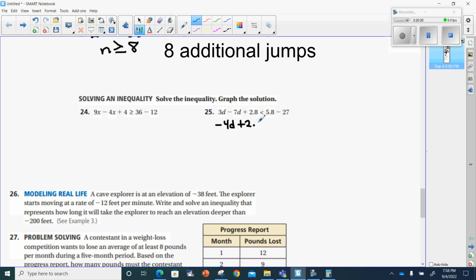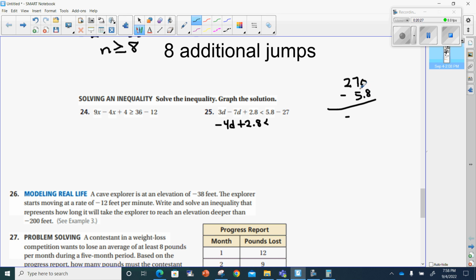Plus 2.8 is less than, these two are numbers. Remember, this is a whole number here, 27 minus, remember, when the signs are different, I find the difference. Take the big number minus the small number and keep the sign of the big number. So this is going to be a negative number.